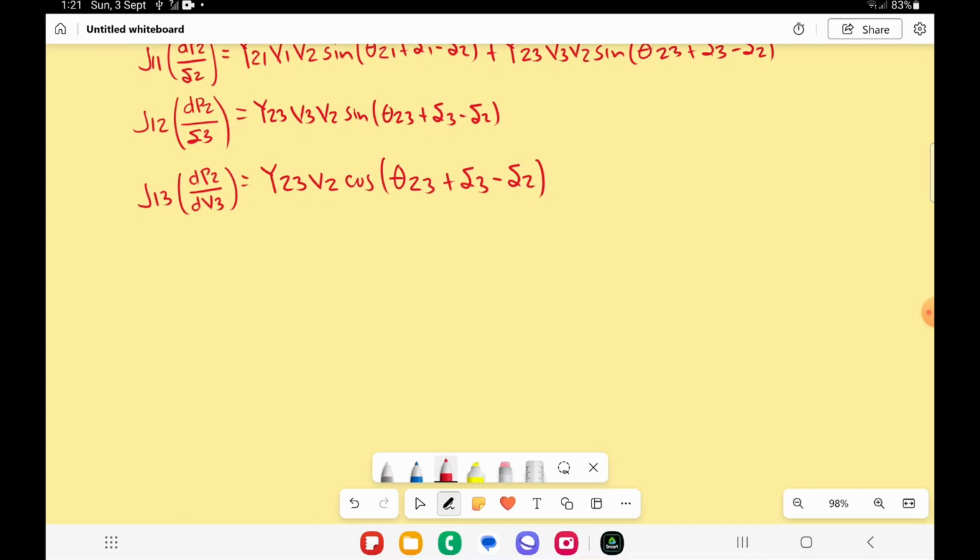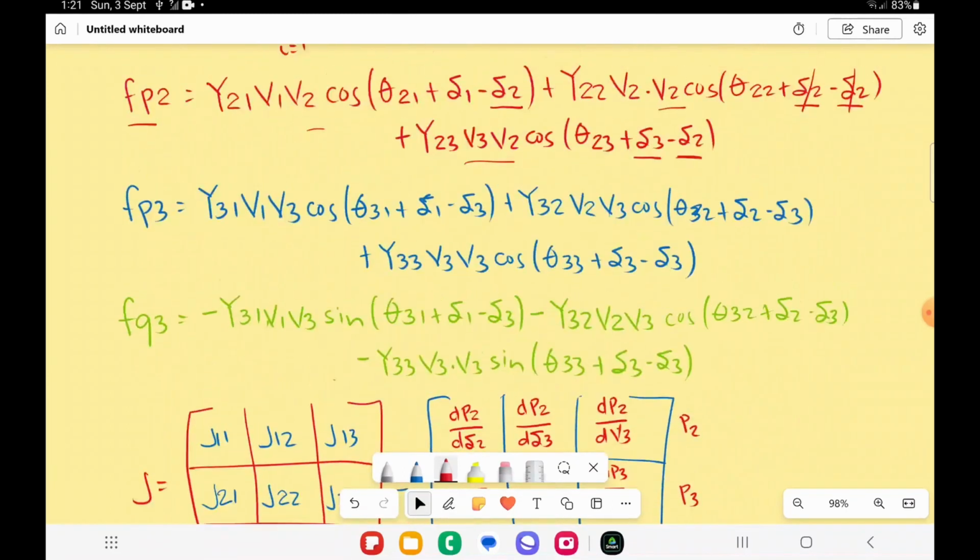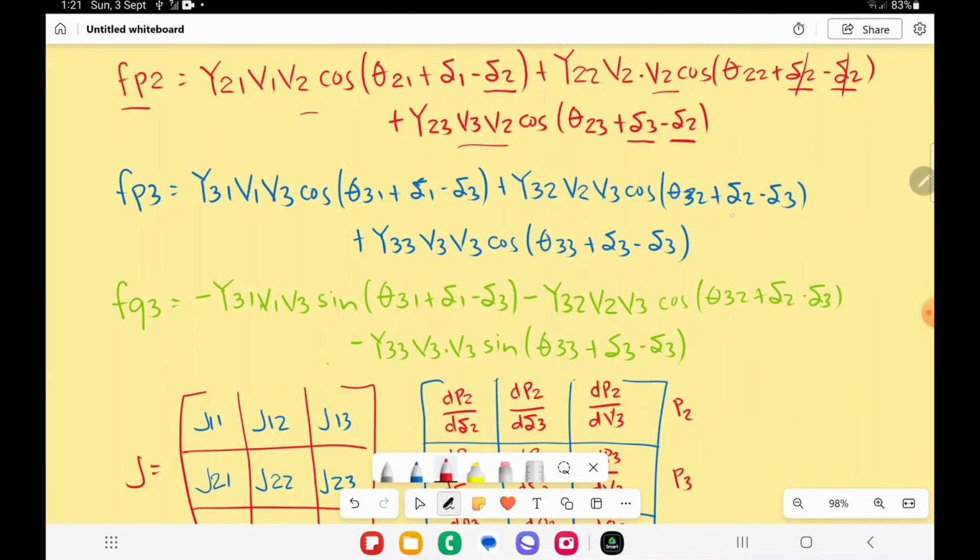So for J21, this is partial derivative of P3 in terms of delta 2. So we look for the functions of P3 in terms of delta 2. In P3, we have delta 2 in the second term, and we have no delta 2 in the first and third term.